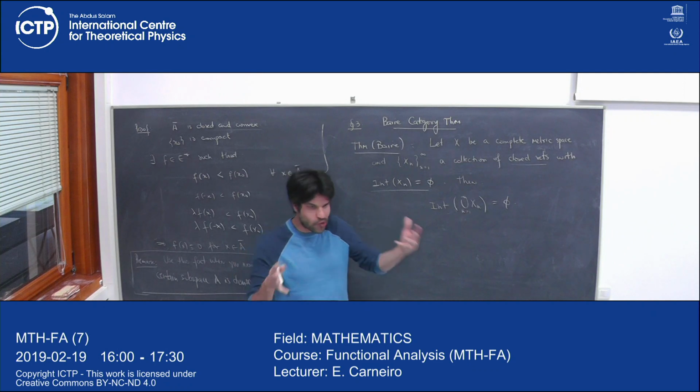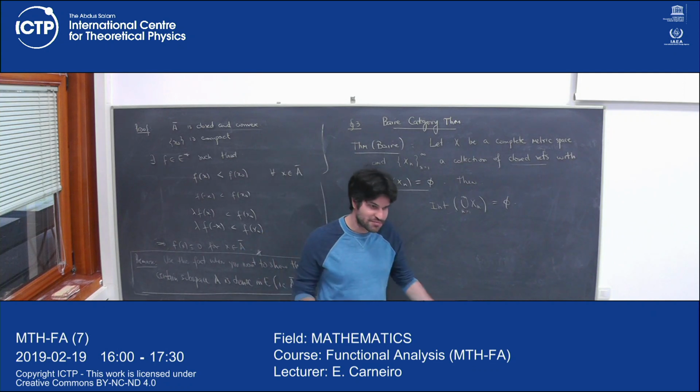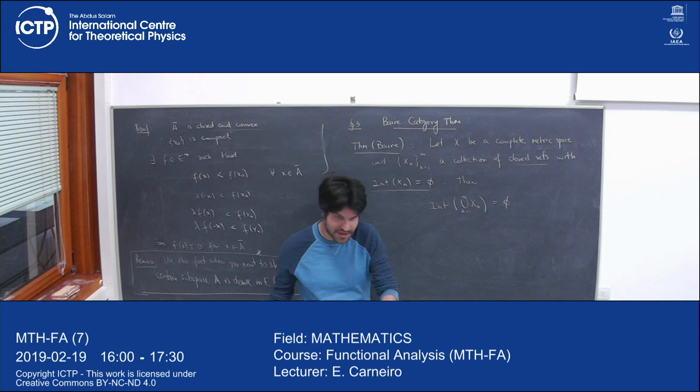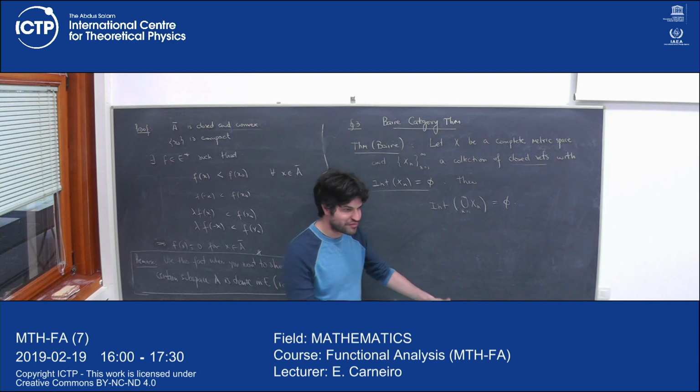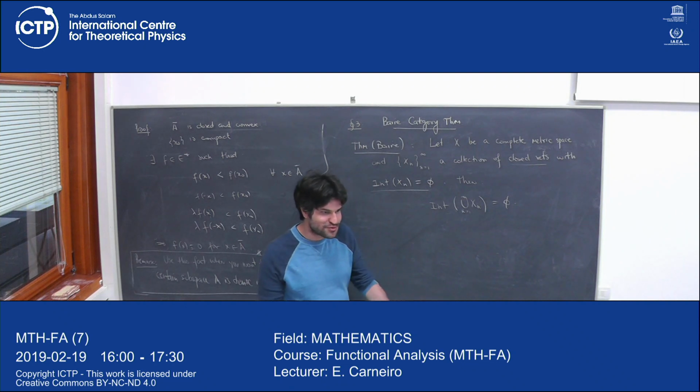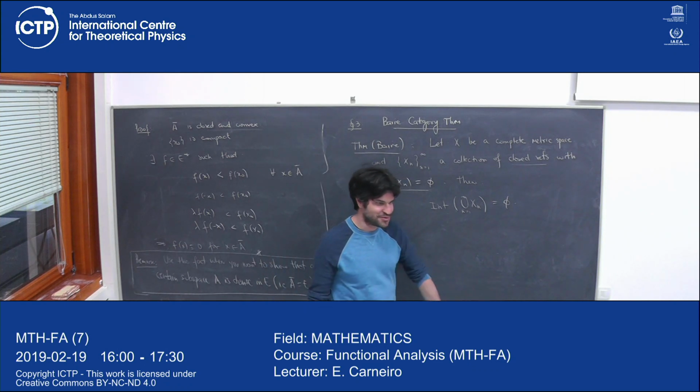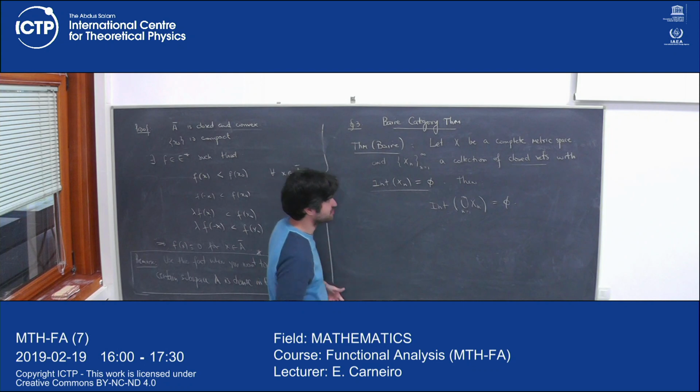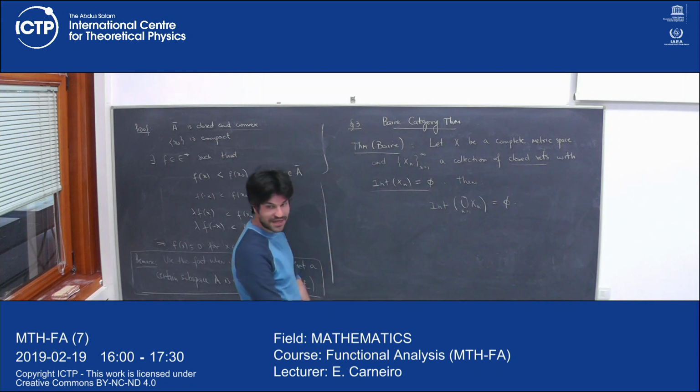So he was not giving names to the different categories of sets that he was studying, but giving numbers. This is category 1, category 2, category 3, and so on.